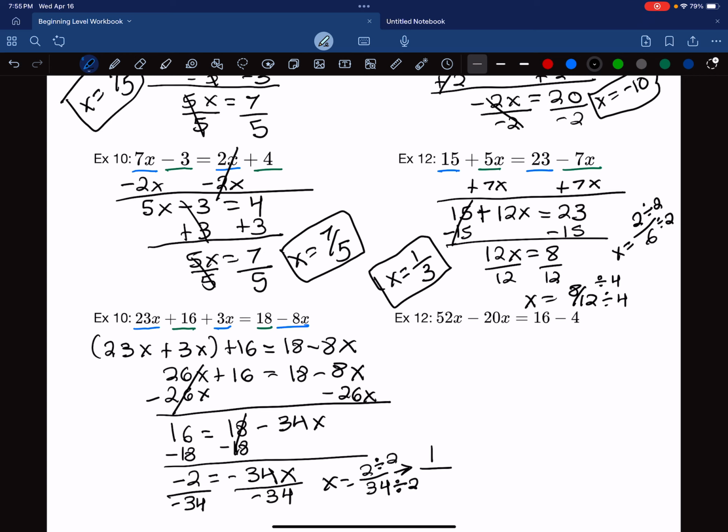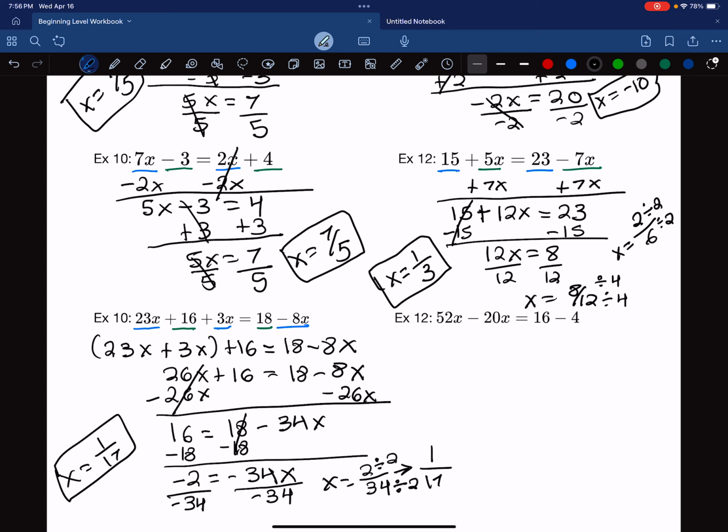Wait, let me make sure I'm doing this correctly. Yes, it's going to be 17. There we go. So let me write this over here. x equals 1 over 17.